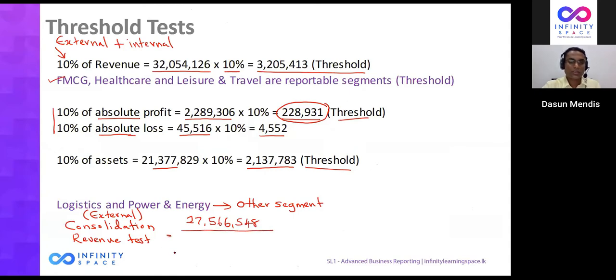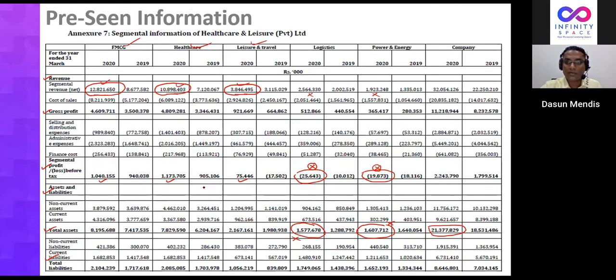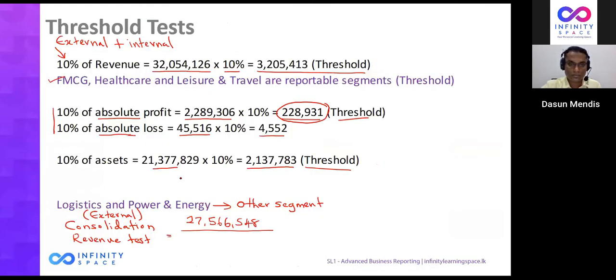You divide this by the total external revenue of the company. What is the total external revenue? I believe the entire thing is external revenue, right? 32,054,126. Correct?